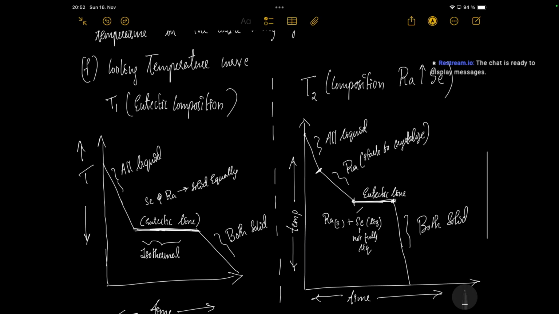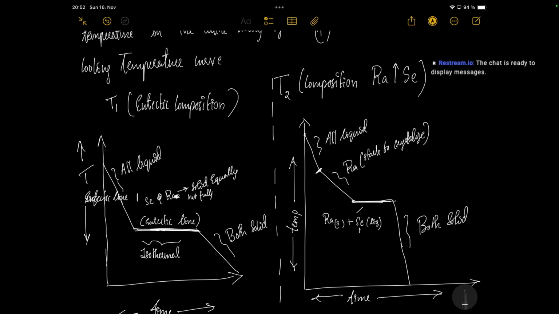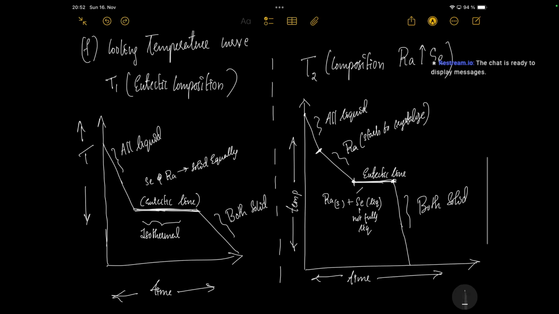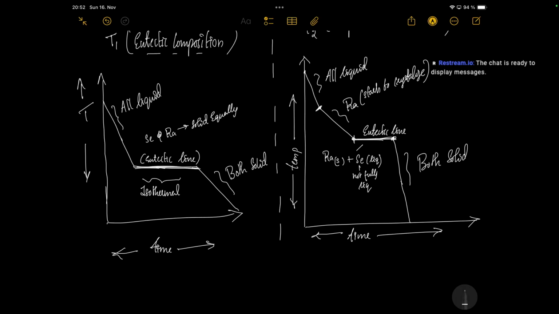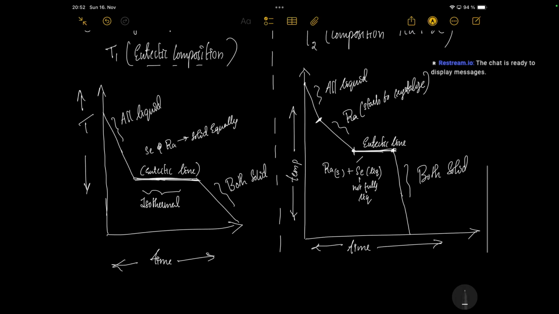That composition is the eutectic composition, and the temperature time graph looks like this for it.